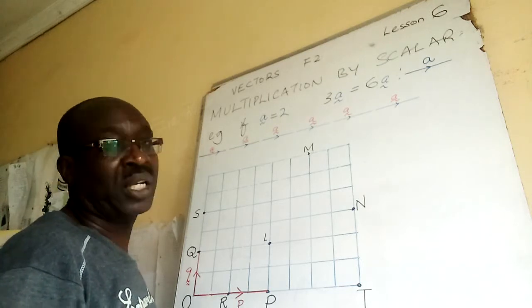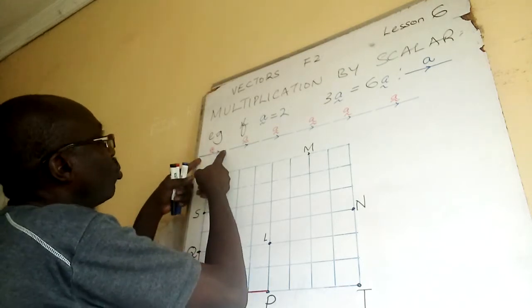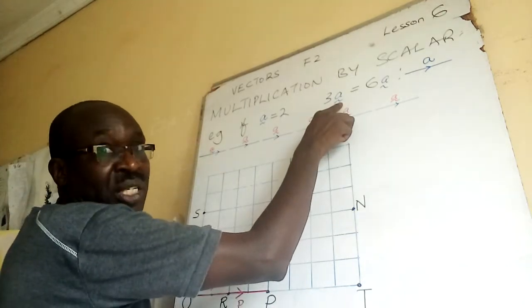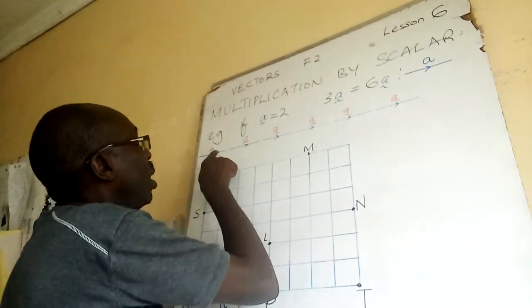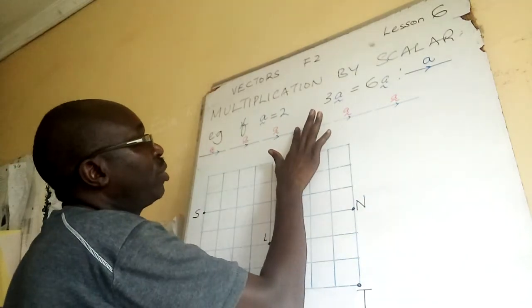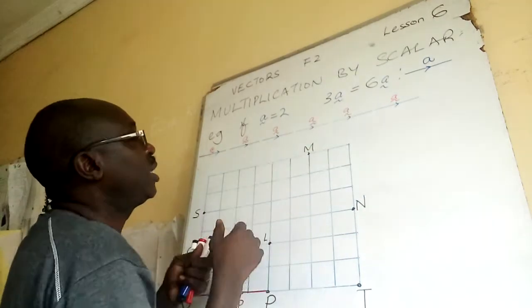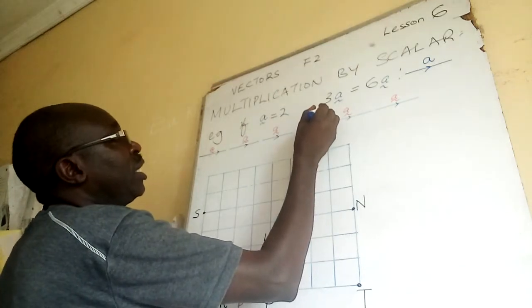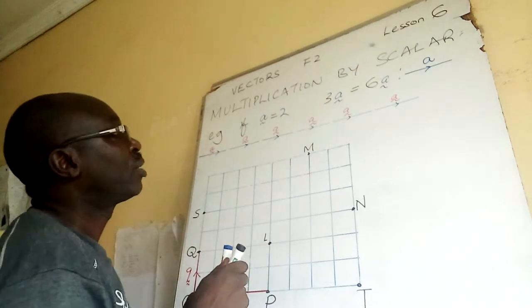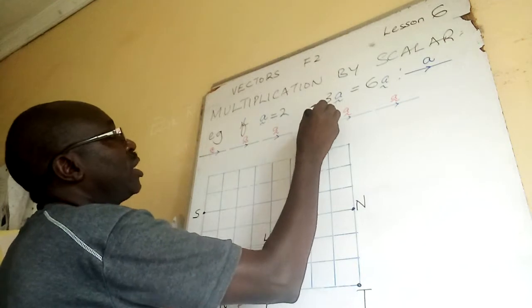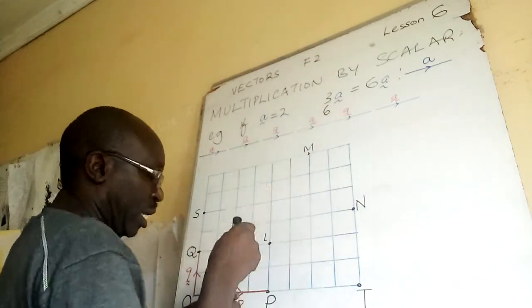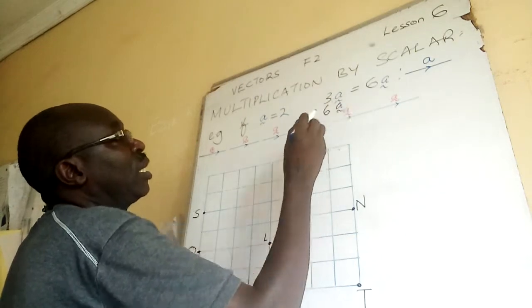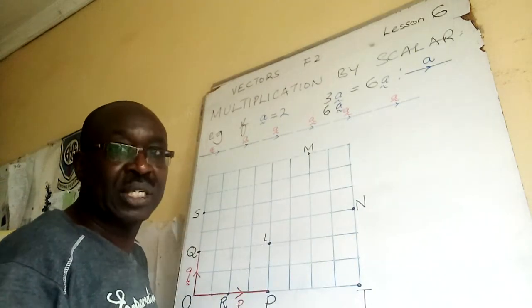Okay? This is 2. And I want it 3 times. So 1, 2, 3. And if I want it 6 times, 6A, then I will do it 6 times.